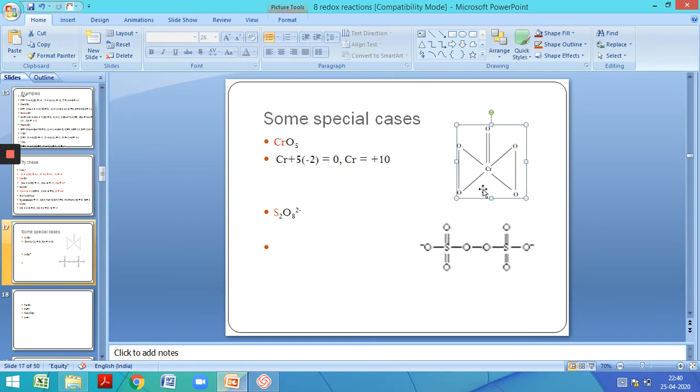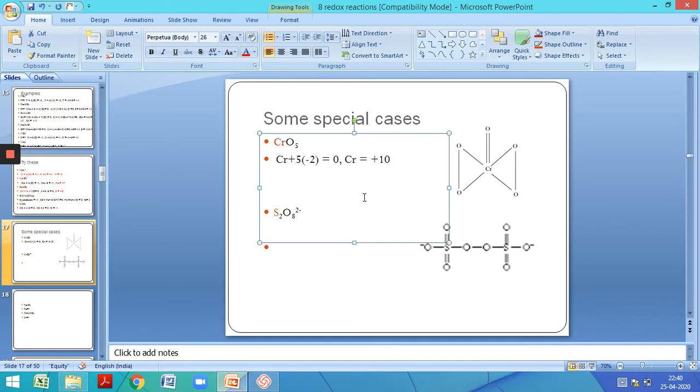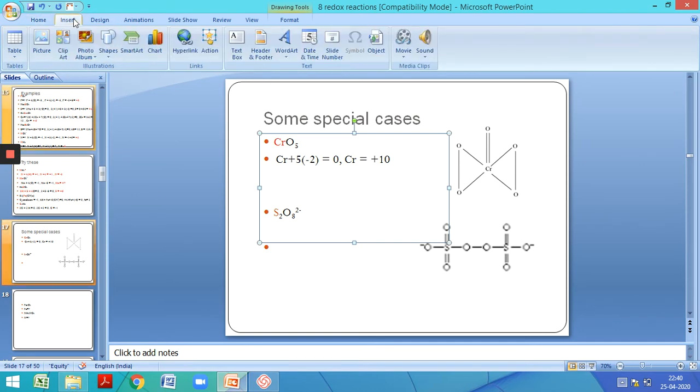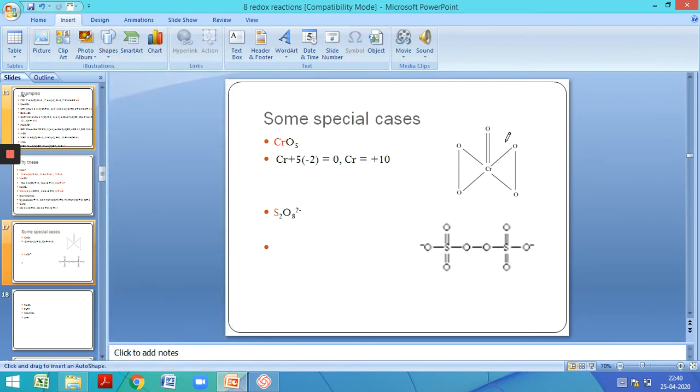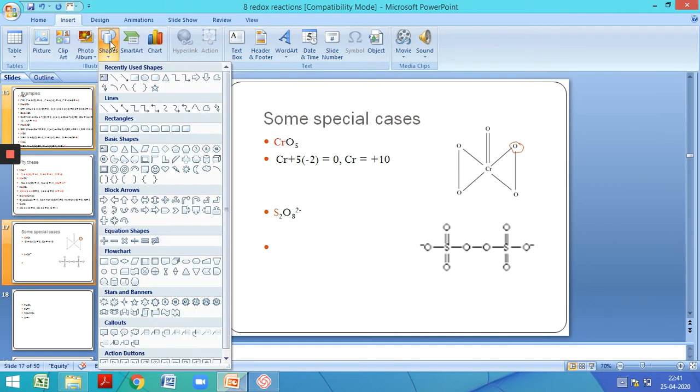So we will look at the structure of CrO5. If you look at the structure of CrO5, you will see that it contains 2 cases where an oxygen is bonded to another oxygen atom.